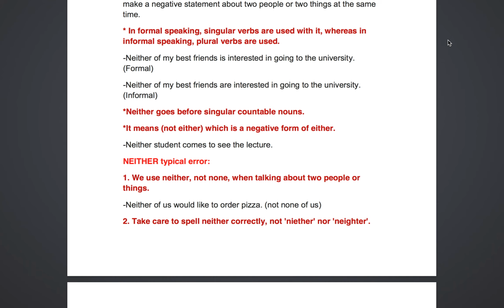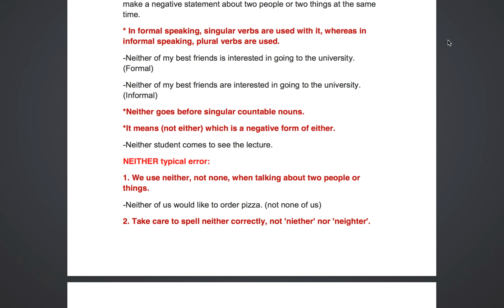It makes sense. Neither of my best friends is interested in going to the university. Friends is plural here, but the verb is singular because neither of my best friends refers to one of them. From the meaning you can figure this out, and this is what I depend on.